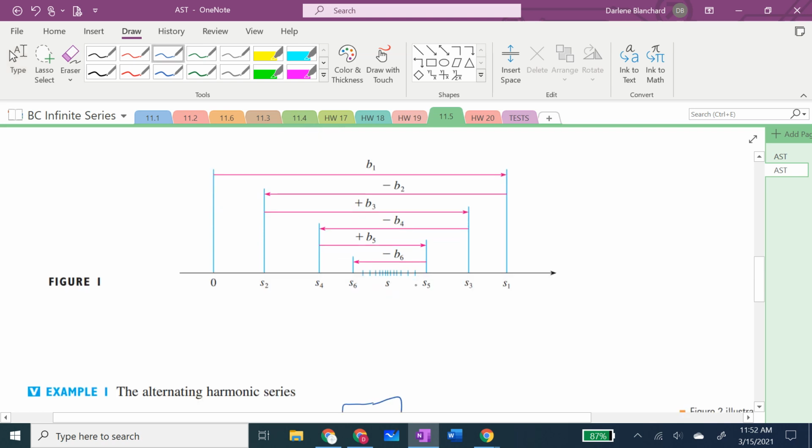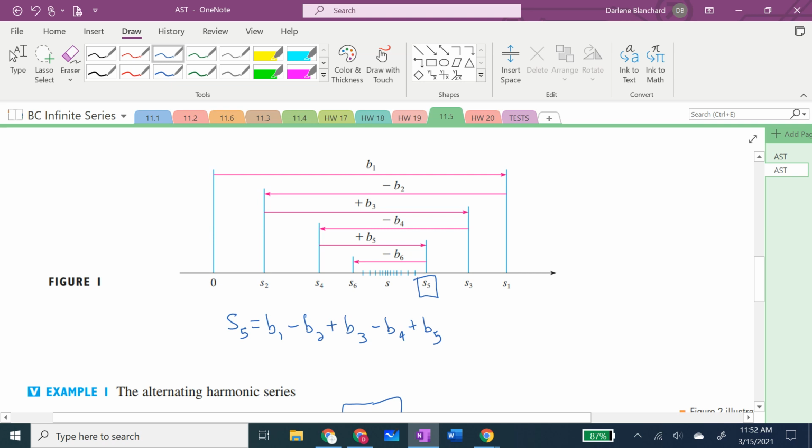Let's say I find the nth partial sum. Let's say I find the fifth partial sum. The fifth partial sum is a positive b1 minus a positive b2 plus b3 minus b4 plus b5.